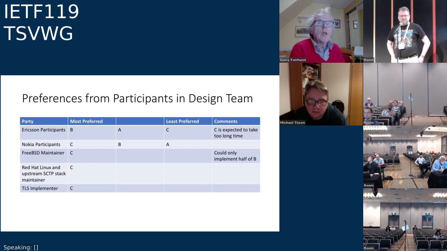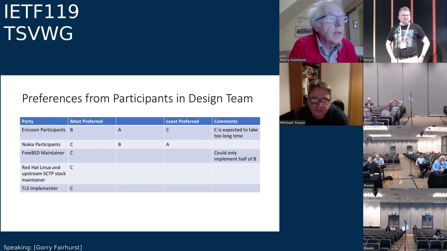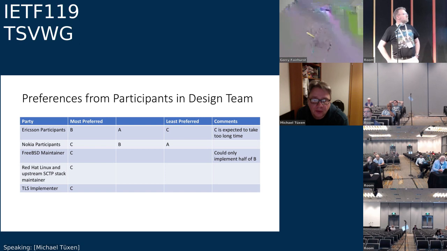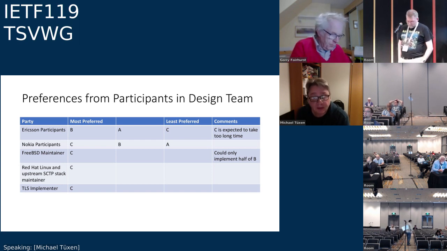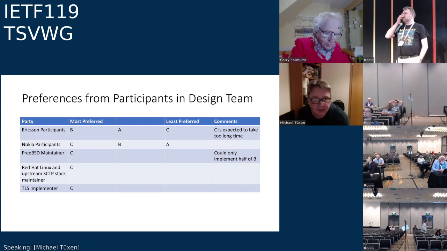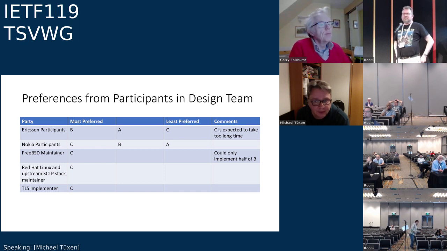So Michael's in the list. If we have a choice between B and C, the SCTP part is basically doing SCTP auth stuff. For C this is different. For A that would be the same.